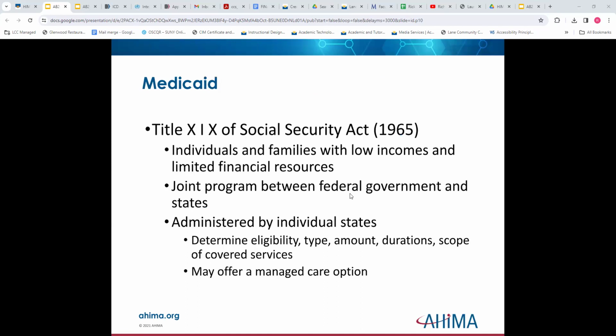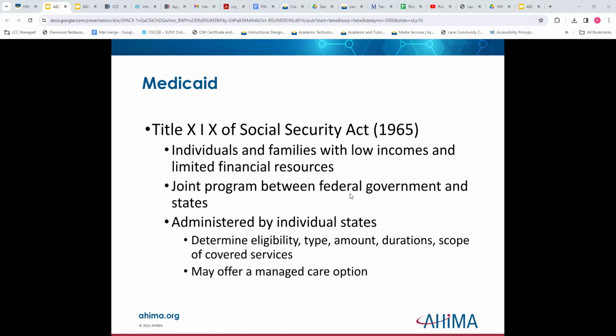Medicaid is different than Medicare. While Medicare looks to cover patients over 65, the disabled, and end-stage renal disease, Medicaid is intended to cover individuals and families with low incomes and limited financial resources. This is a joint program between the federal government and the states.